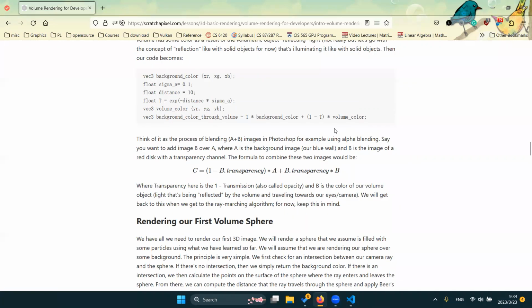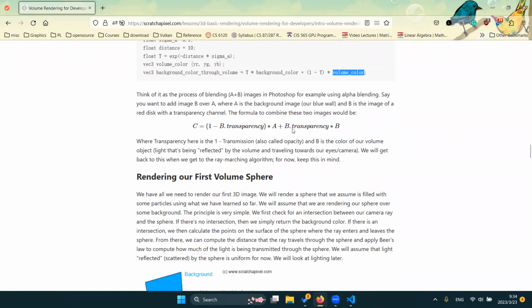This is basically saying we have two components. One is the transmissive part, the background color, and the other is the part that gets scattered. And we just interpolate that.